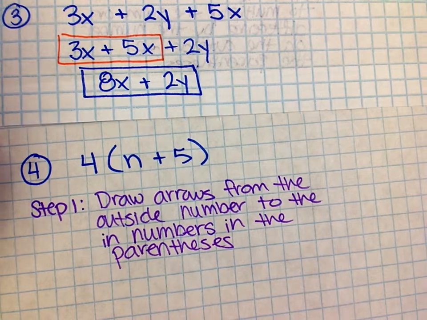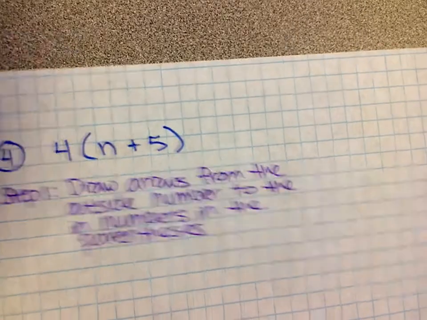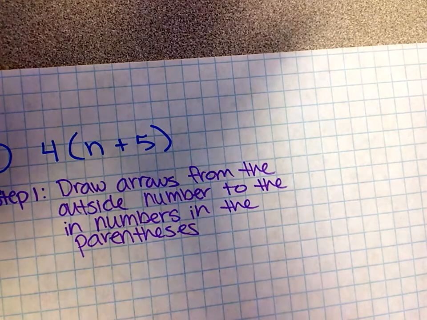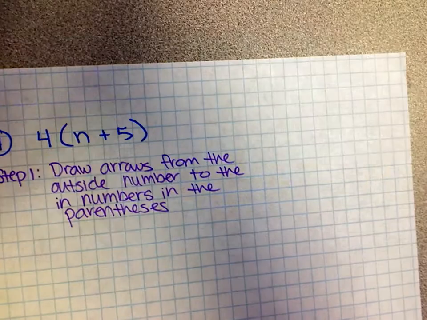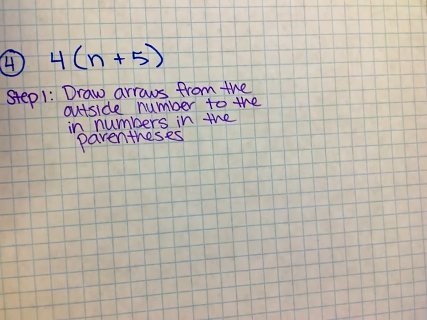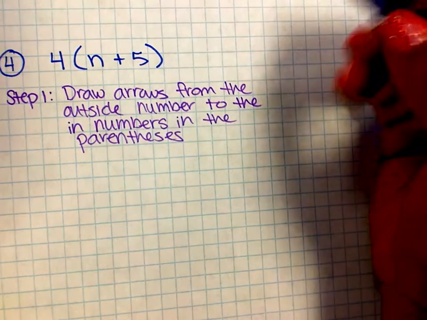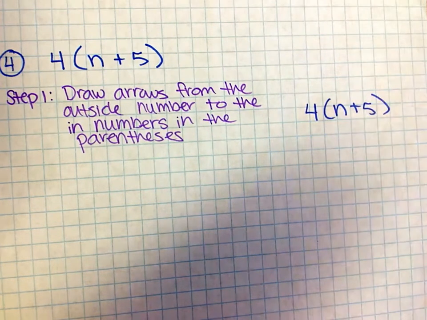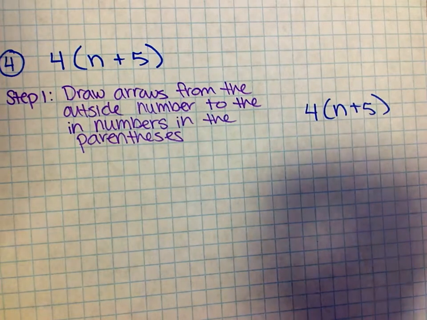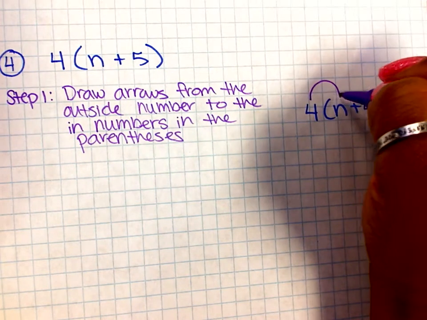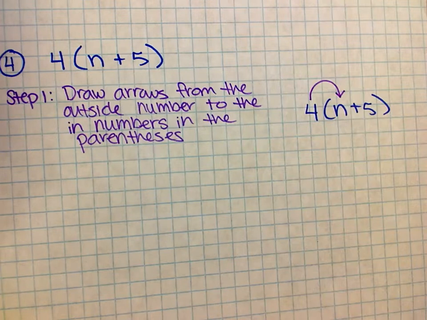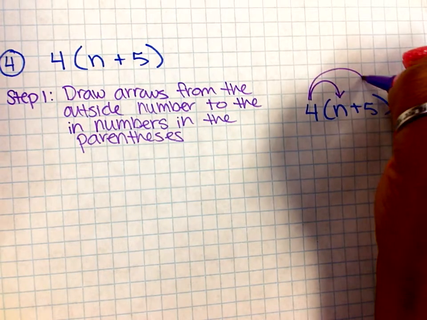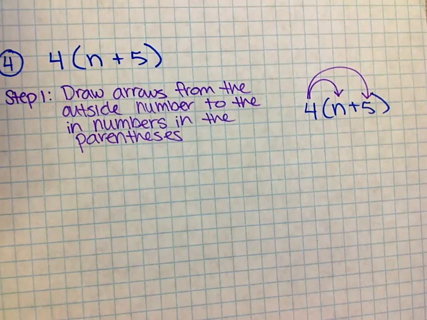What that means is that over here when I have 4 and n plus 5, I like to draw arrows from the number on the outside to the numbers on the inside.